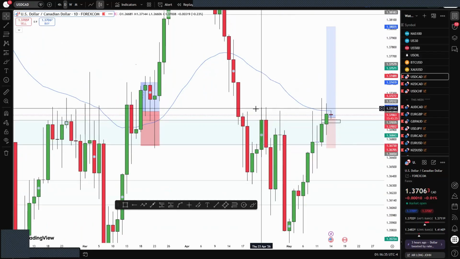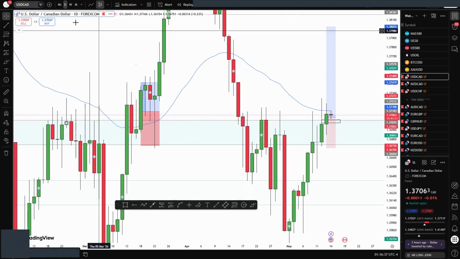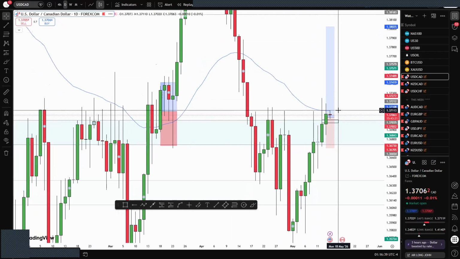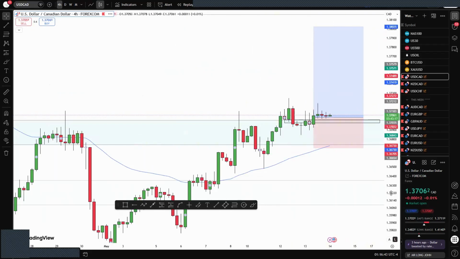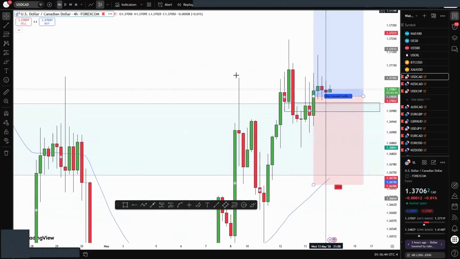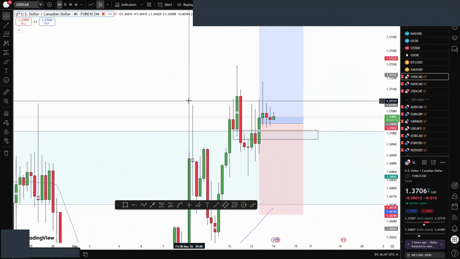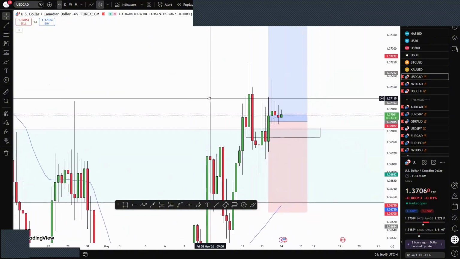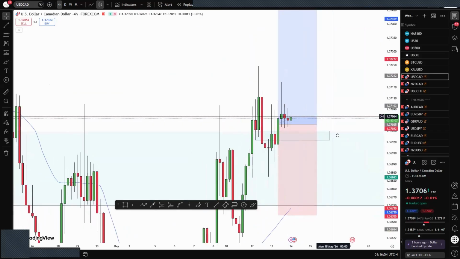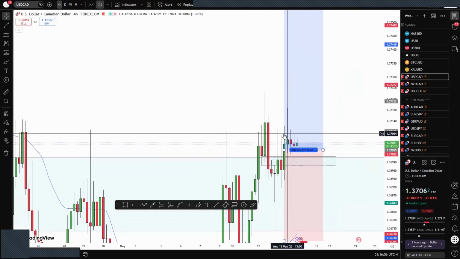And price has broken all of them. So this is a good sign. And you can see during the Asian session price really didn't do much. We were just around this zone.